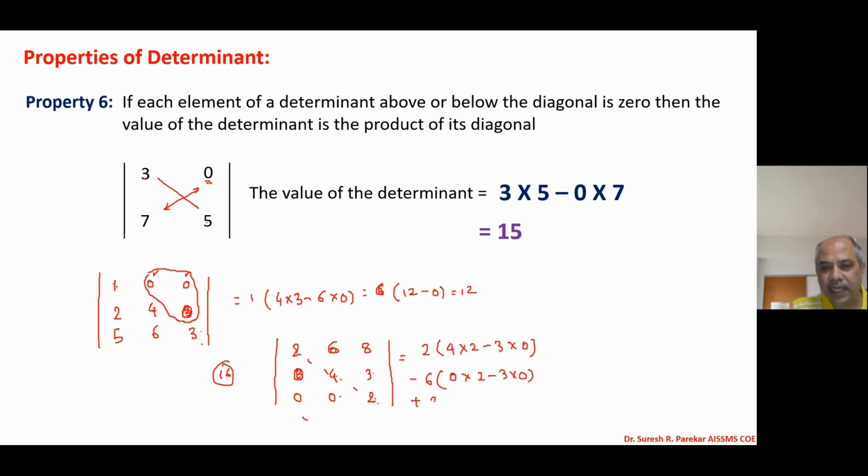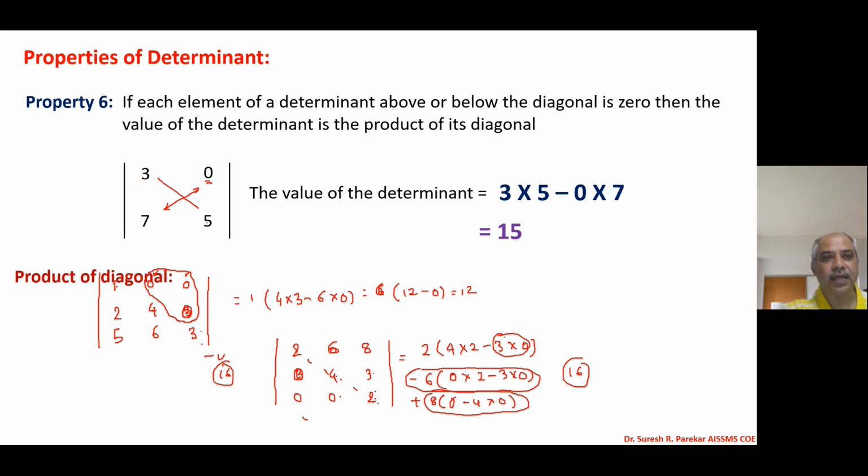And then last plus 8 into 0 minus 4 into 0. This becomes 0, and this also becomes 0, and therefore again this is 0. So we have 4 2s are 8 and 8 2s are 16. You can see here 16. So if the lower or upper triangle is 0, then we have to multiply only the diagonal elements to get the value of the determinant.